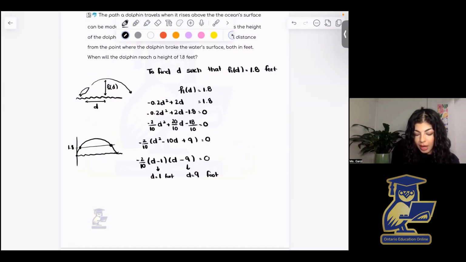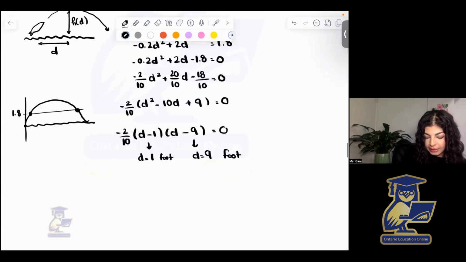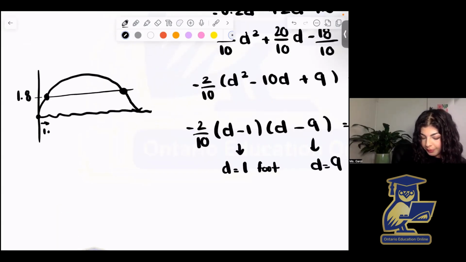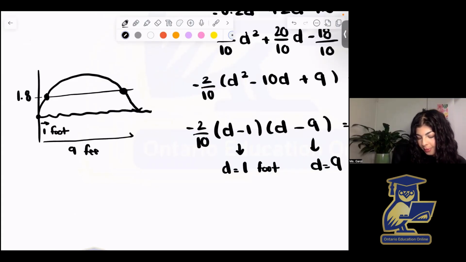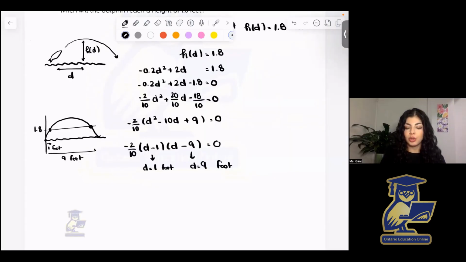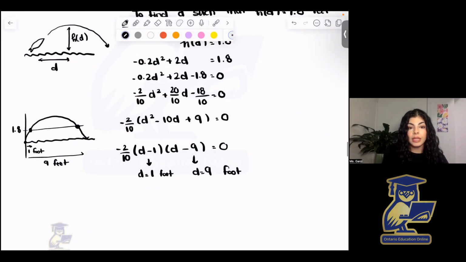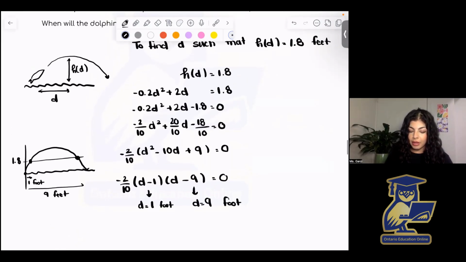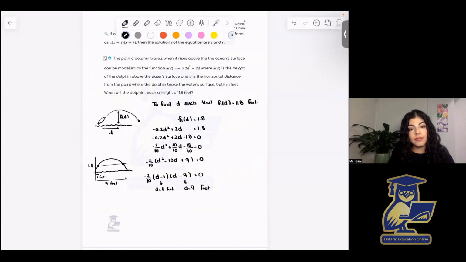And those are when it is at a distance of 1 foot, and at this point, 9 feet. And you would end your problem with your therefore statement. So therefore, the dolphin reaches a height of 1.8 feet at the horizontal distances 1 foot and 9 feet.